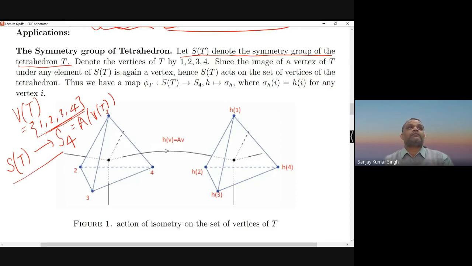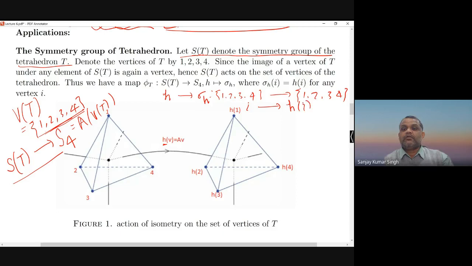And what is this map? First I will define what the map is. If I take any isometry h here, then it goes to sigma_h. Since sigma_h is an element of S4, it is a map from the set {1, 2, 3, 4} to {1, 2, 3, 4}, and it sends any i to h(i).